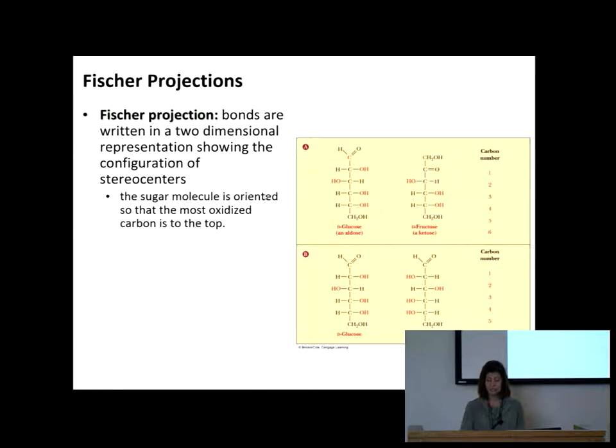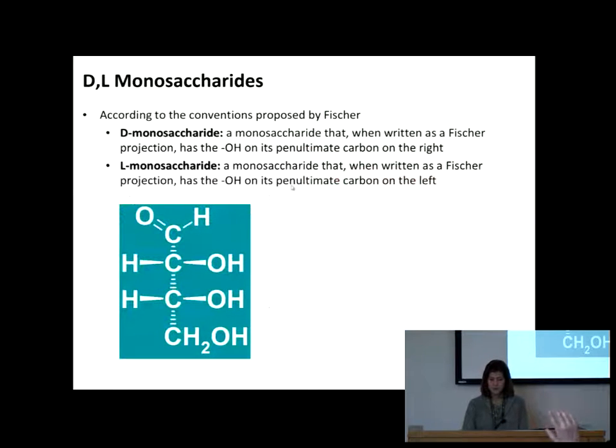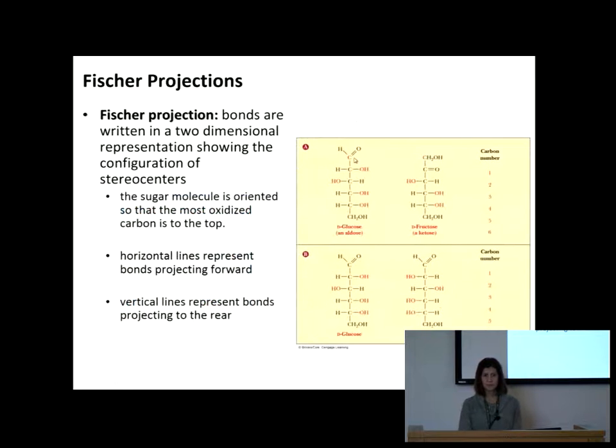So that's a ketose. Carbon number 1 is the most oxidized because it has the double bond. Compared to the C-OH, the C double bond O is more oxidized, has fewer hydrogens than the C-OH.